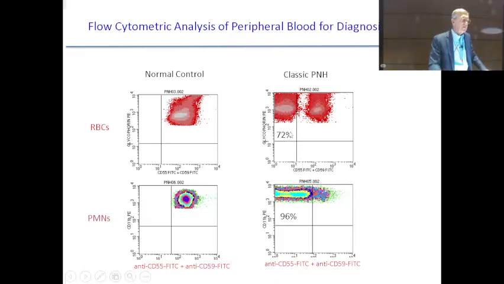The 72% versus 92% difference is explained because the PNH red blood cells are being selectively destroyed by complement, whereas the neutrophils survive normally because they have other ways of defending themselves against complement activation. So we base clone size on neutrophils and monocytes.